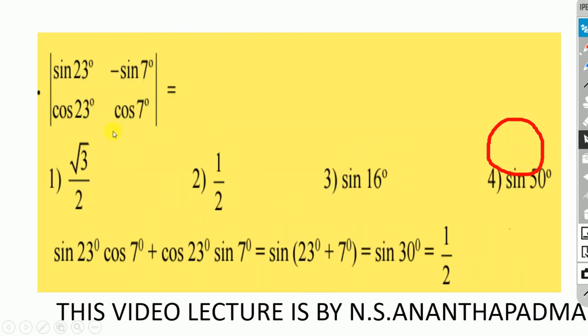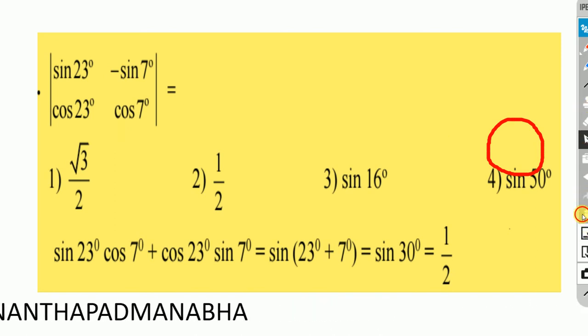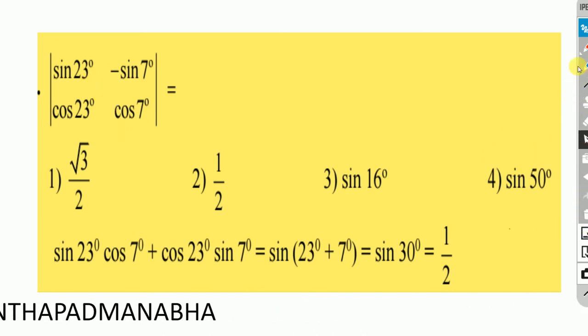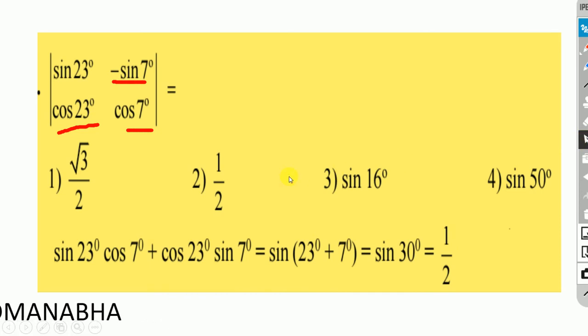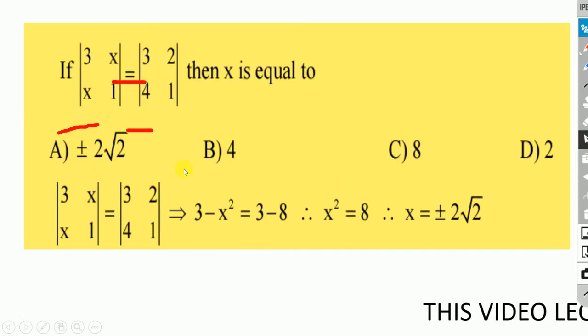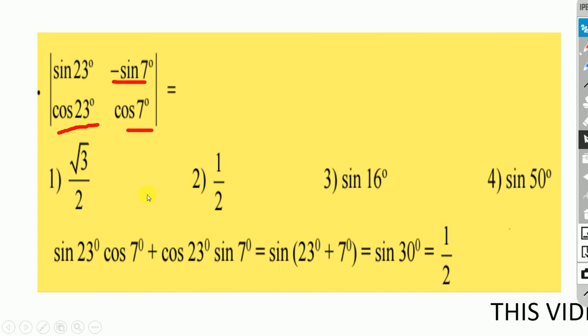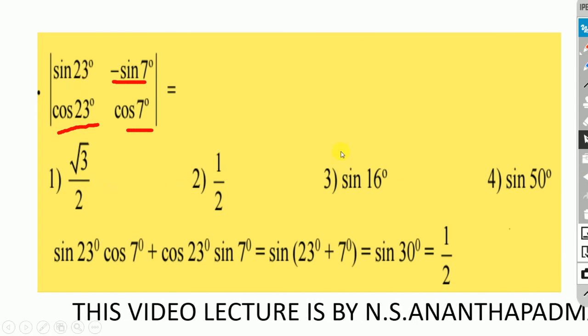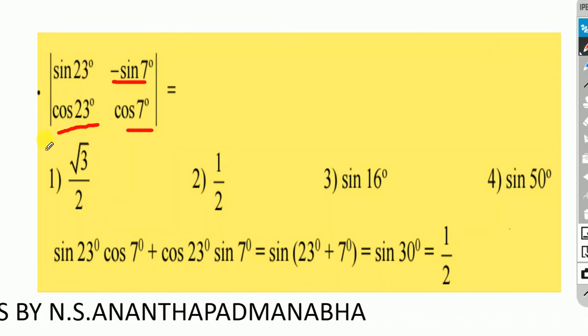A similar question we have solved. Here sin 23 degree cos 7 degree minus cos 23 degree sin 7 degree. So we will expand this. I have sin 23 into cos 7, minus of minus plus here, cos 23 into sin 7.